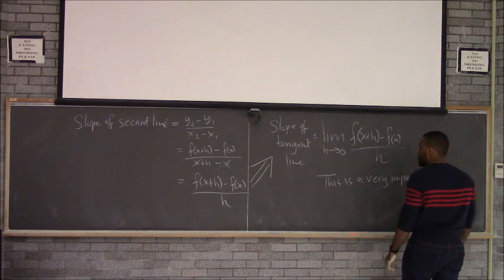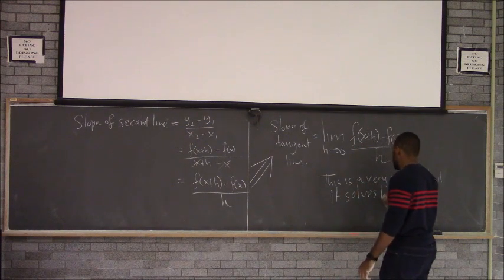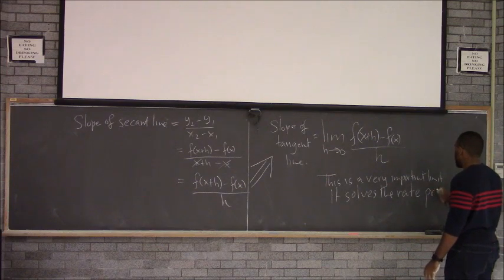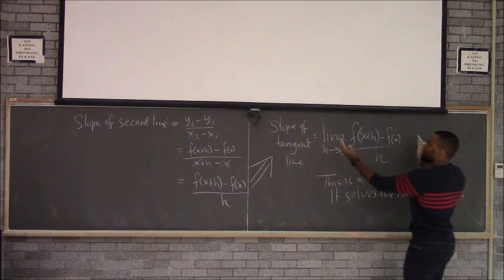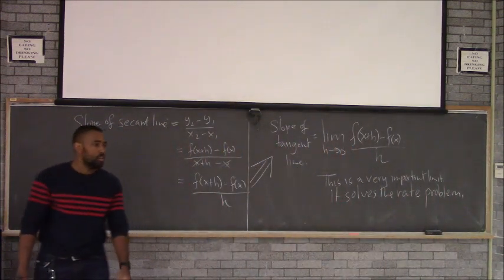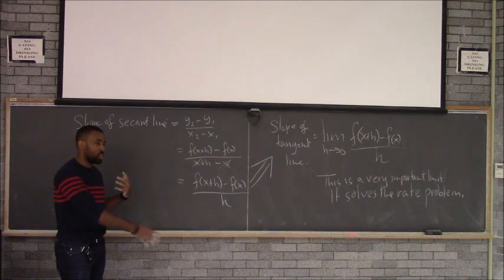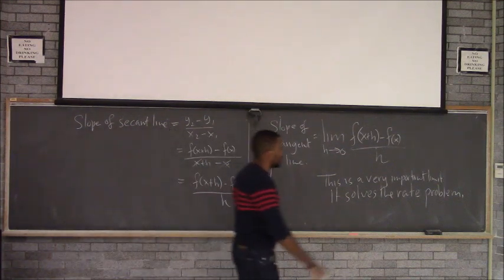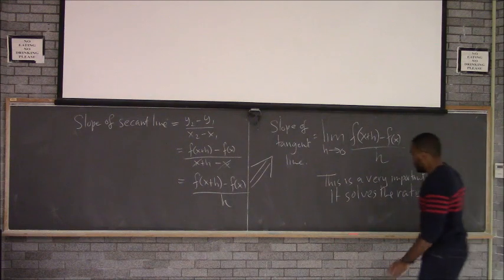It might not seem like much now, but it solves the rate problem. This guy represents, in one very small limit, how do we figure out how fast random things are moving? Now, throughout the course, I'm going to explain to you how that actually works. But that's what this limit actually does. It solved the rate problem.